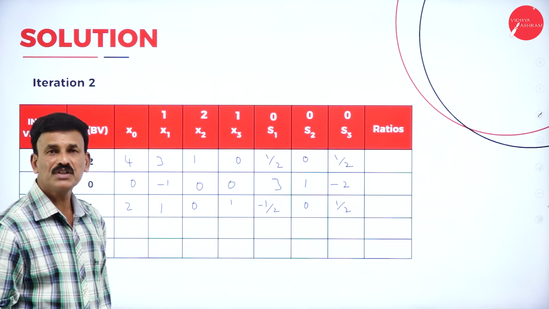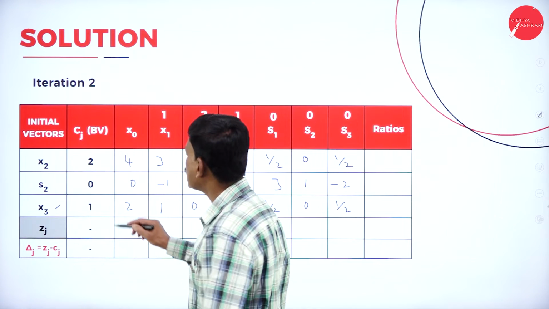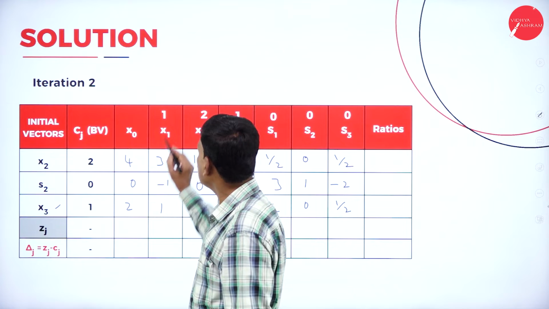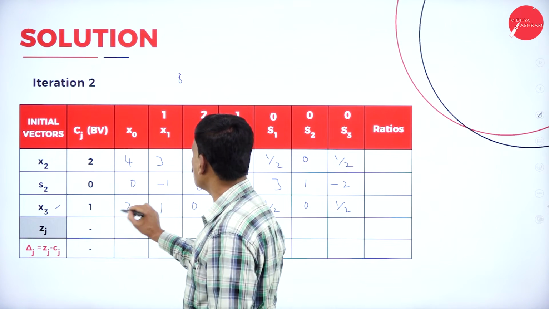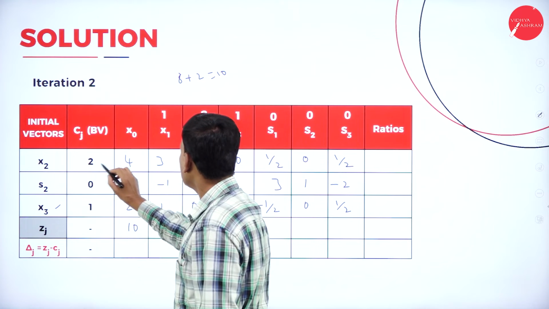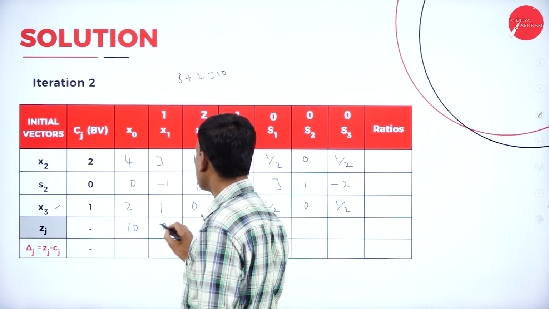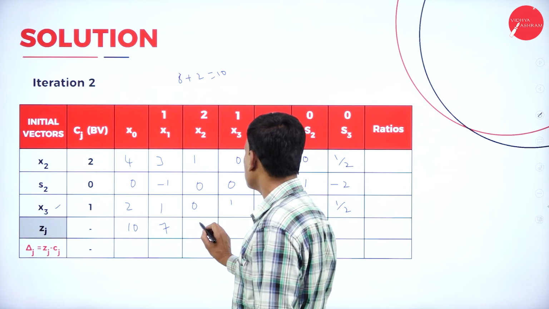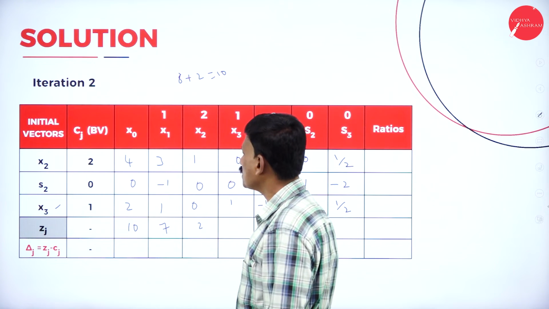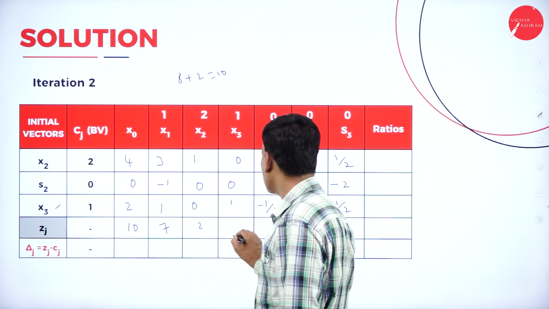Just as usual, find out the value of Zj and delta j. Zj: 4 into 2 is 8, 8 plus 0 plus 2 is equal to 10. So this is 10. Again 3 2s are 6, 6 plus 1 is 7. Again 3 1s are 3 plus 0, 2 1s are 2 plus 0 is 2. Again 0, and 1 into 1 is 1.